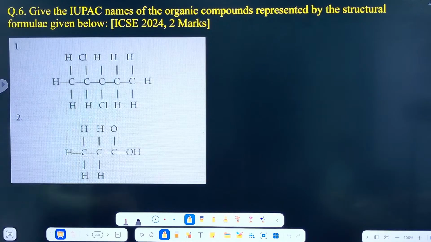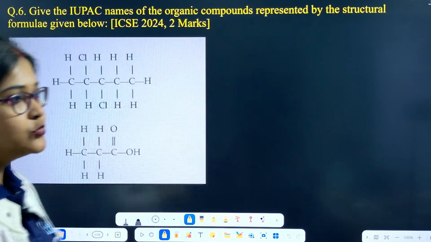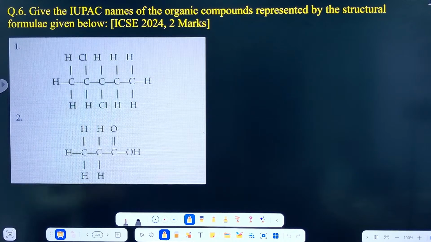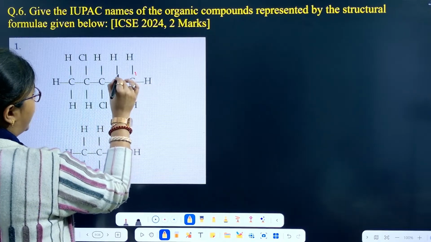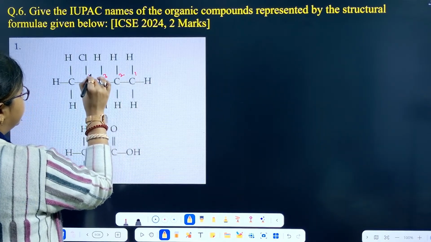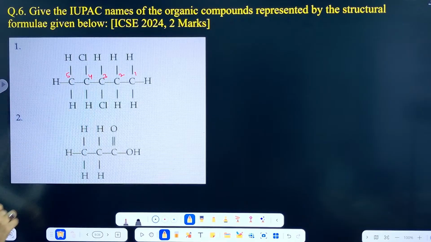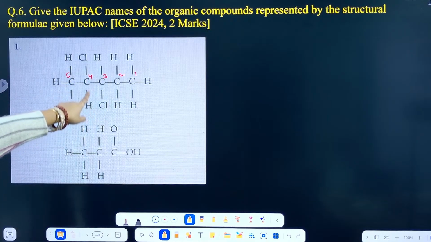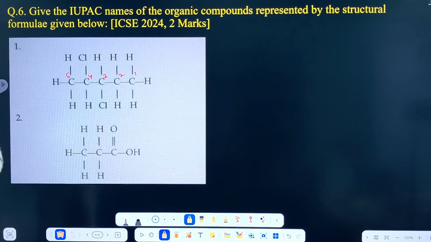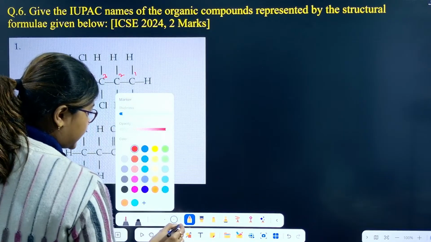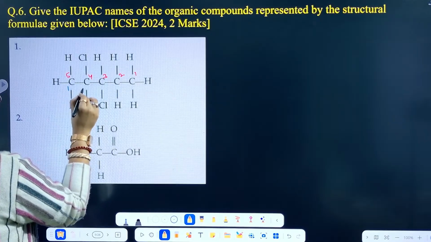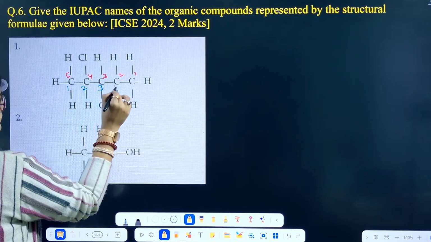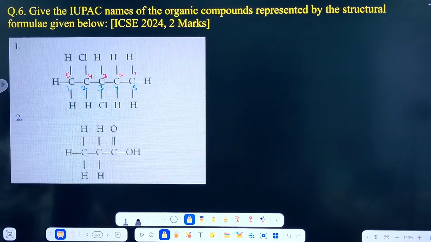Give the IUPAC names of the organic compounds whose structural formula is given. So this is the structural formula. Now you see, if I number it, 1, 2, 3, 4, 5. So the chlorine is coming in what position? 3 and 4 position. Let's take reverse numbering. ठीक है?